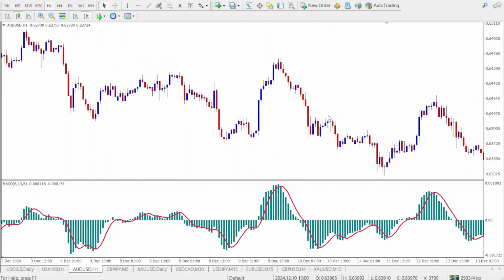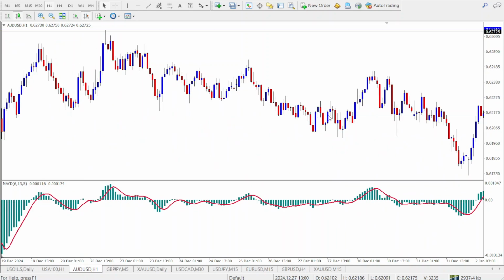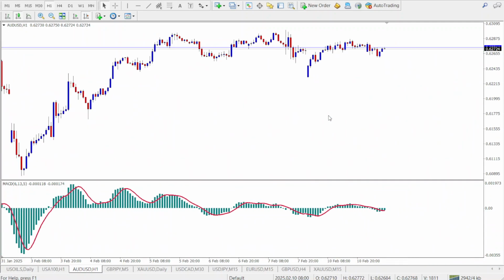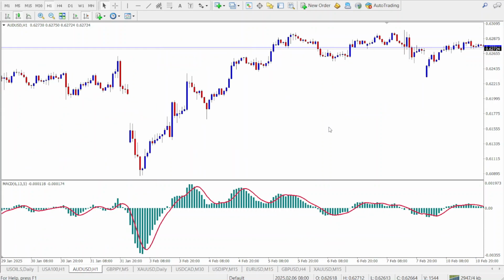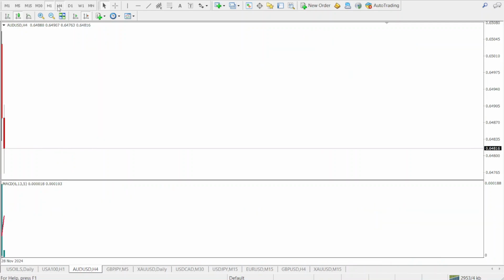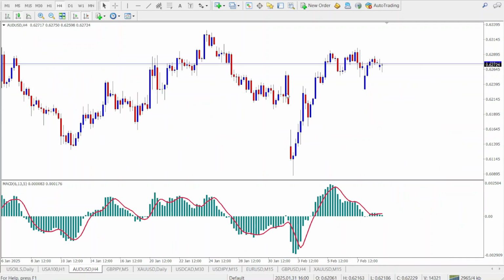Now that we have our settings optimized, let's quickly talk about how to use MACD for day trading step by step. The first step is to identify the trend direction. Before entering a trade, use a higher time frame like the 1-hour chart or the 4-hour chart to identify the overall market trend.